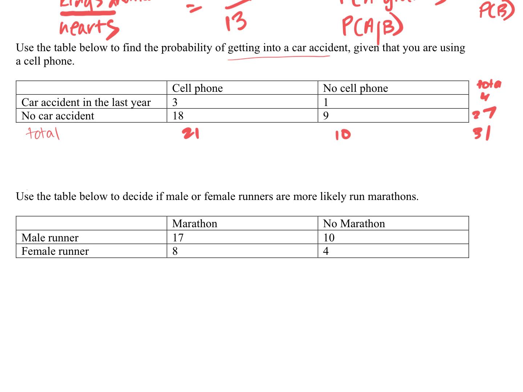Okay? Now, given that somebody's using a cell phone, what is the probability that they get into a car accident? Well, if it's given the cell phone, I know I am in this column only. I only want to figure out how many people.